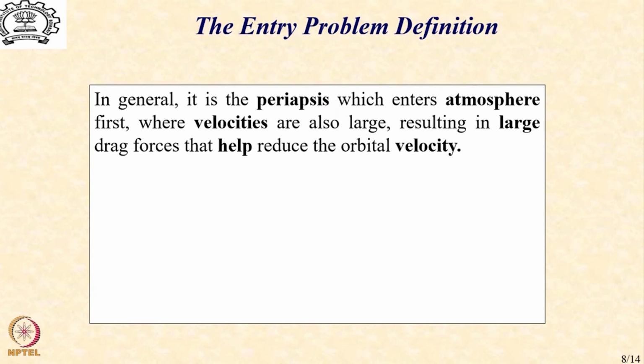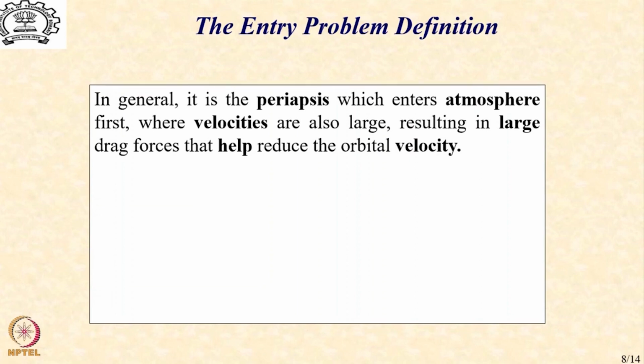Next, you will generally find that when a vehicle starts the entry into the Earth's atmosphere, the first point of contact on the orbit or trajectory of that object is the point which is closest to the Earth's surface, which has a generic name called the periapsis.